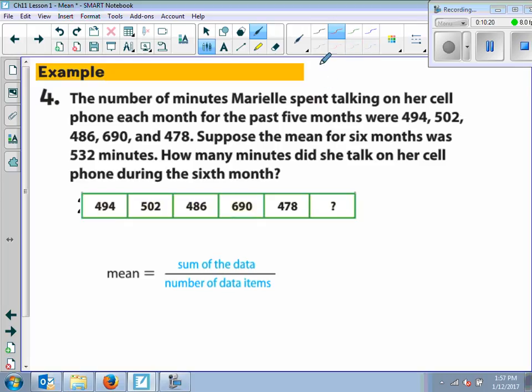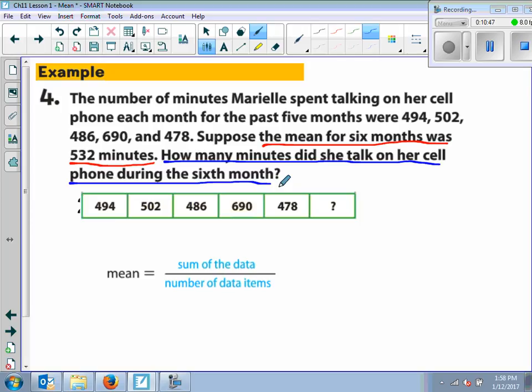Okay? Suppose the mean for the 6 months was 532 minutes. Okay, so the mean, the average of the 6 months was 532 minutes. We want to know how many minutes did she talk on her cell phone during the 6th month.